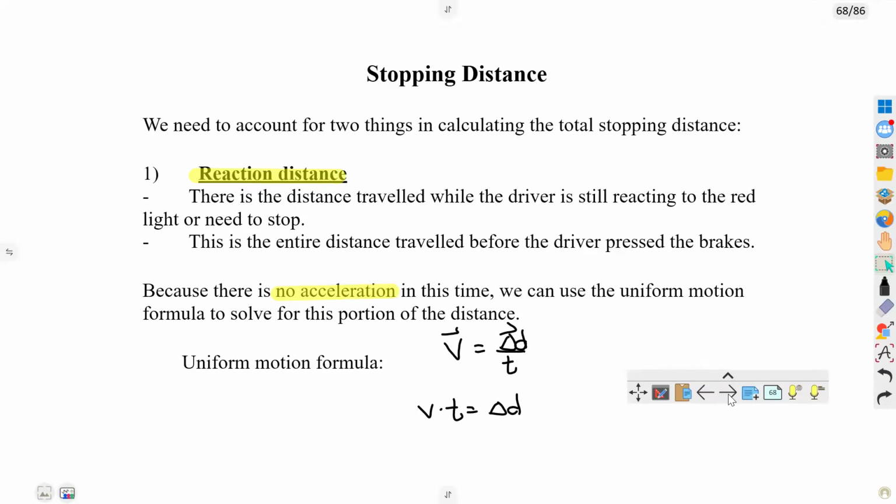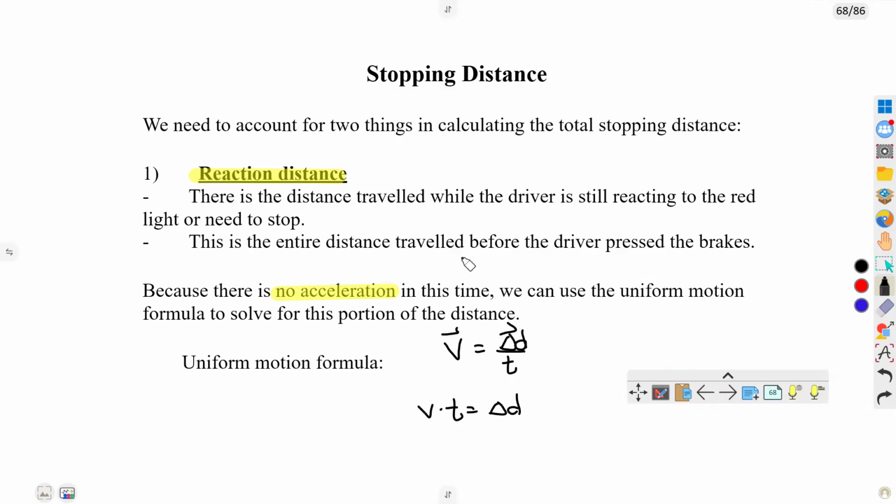When we talk about stopping distance, there are two things that we need to be able to determine. The first one is our reaction distance. This is the distance that the driver travels while still reacting to the need to stop. So, you're driving down the street, you see the light suddenly turn red, you're going to have to react. Hopefully, that reaction time is going to be very, very small, but it is going to cover a certain amount of distance.